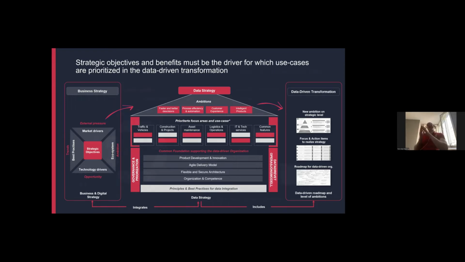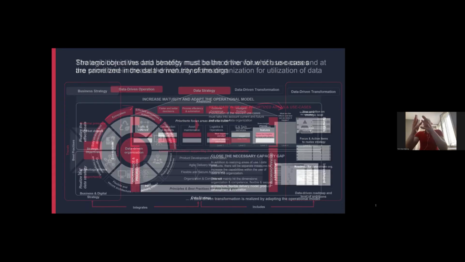Now, continuing on that note, there are 2 sides to the value equation. One is the benefits you could look to have: as you get more mature, your use cases will also get more advanced, and you will get more value from them.